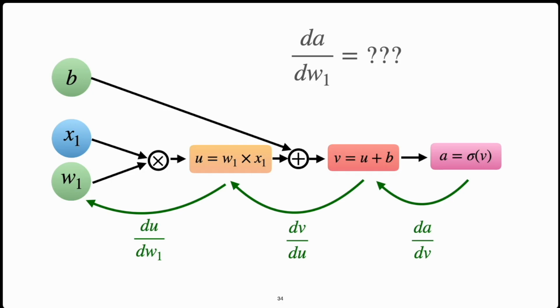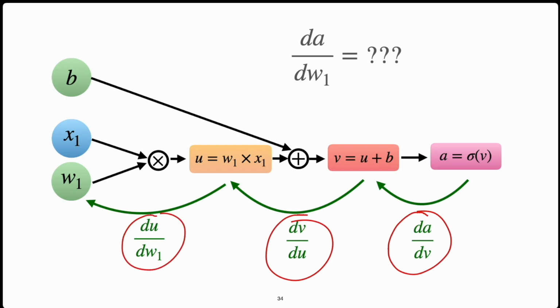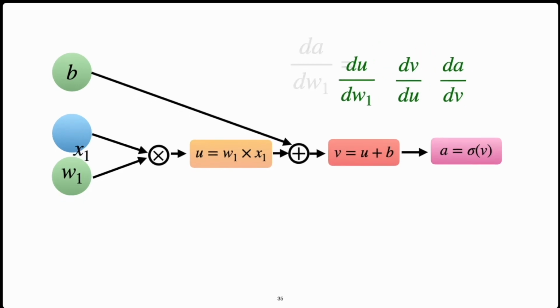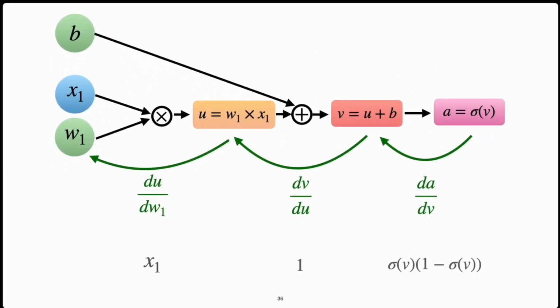So we would have to compute the derivative of a with respect to v, then the derivative of v with respect to u, and then the derivative of u with respect to w1. And then we can combine them all and compute in that manner the derivative of a with respect to w1. And if we want to do this very concretely, in this case, the individual derivatives are as follows.